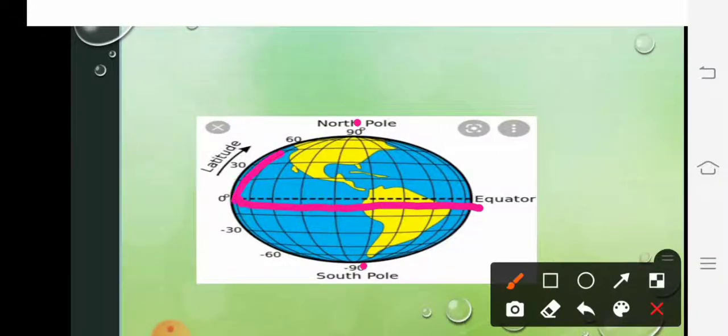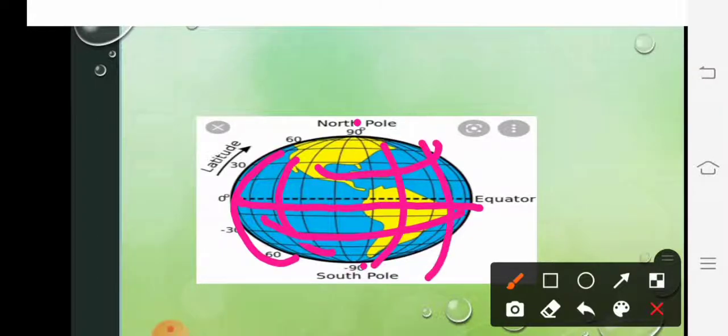These are the latitudes, these are the longitudes. Okay, so the concept is clear.